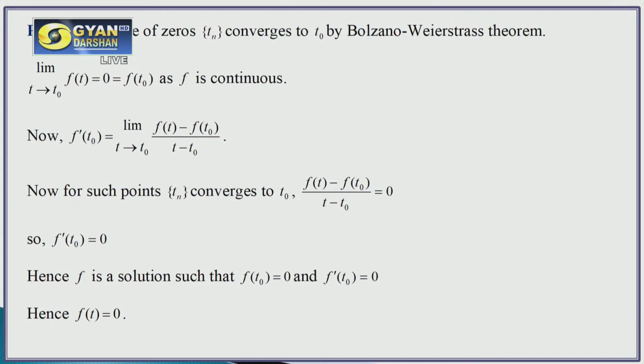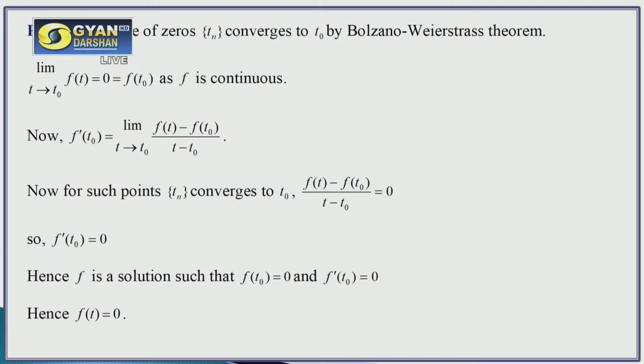Since the solution has an infinite number of zeros, there is a sequence of zeros, and as per the Bolzano-Weierstrass theorem, any infinite bounded set has a limit point. The domain of definition here is a comma b, so it's a closed bounded set, and here you have infinite zeros, so it should have a limit point.